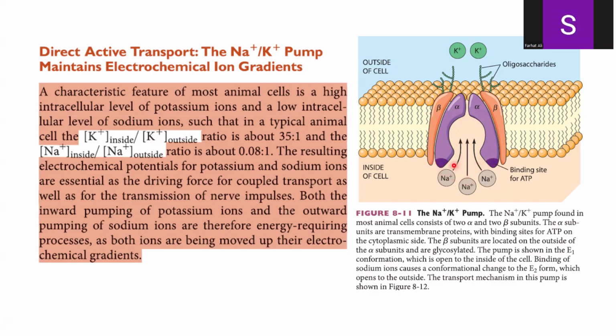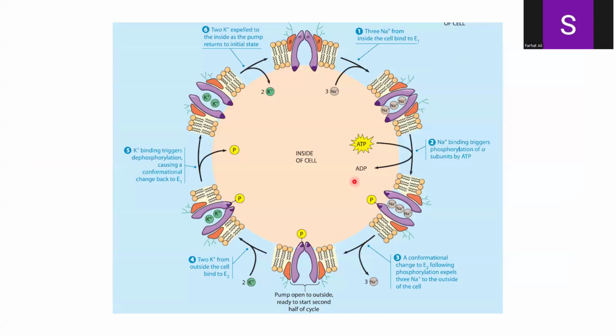In one state, it is open on the inside, so sodium ions can bind, and in the other state, it will be open from the outside, so sodium ions can go out and potassium can come in. So cells maintain a high concentration of sodium ions outside the cell and a high concentration of potassium inside the cell by using this sodium potassium pump. This is how the process takes place.